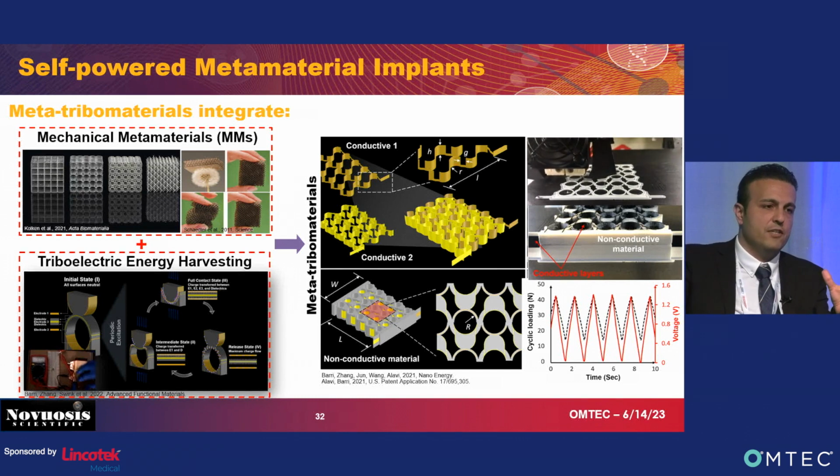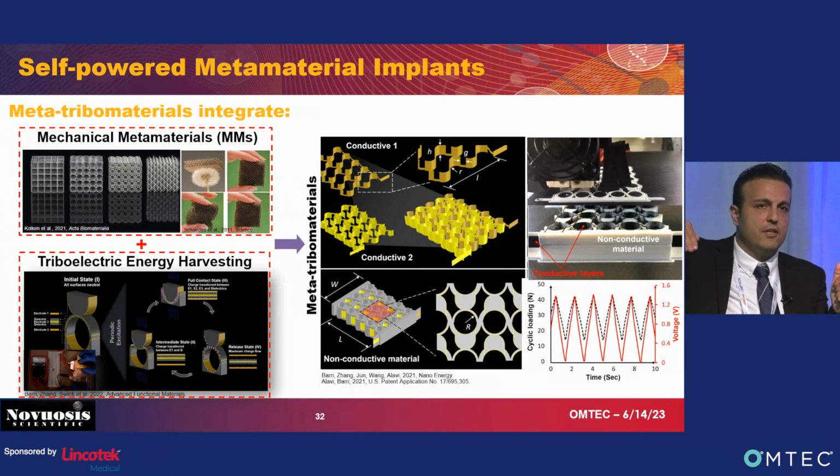So what we have done is create the layers of the implants with triboelectric materials. One design is shown on the right side of the screen. These are multi-layered implants composed of conductive and dielectric materials.